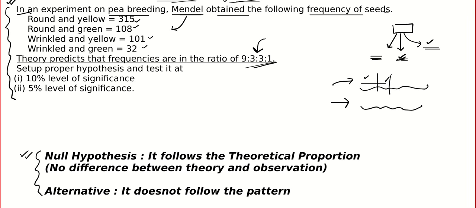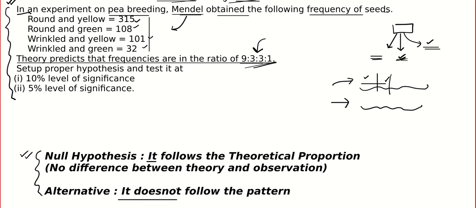Null hypothesis is that it follows the theoretical proportion. That means our observations and the theory match. And of course, the alternative will be it does not follow the theoretical proportion.